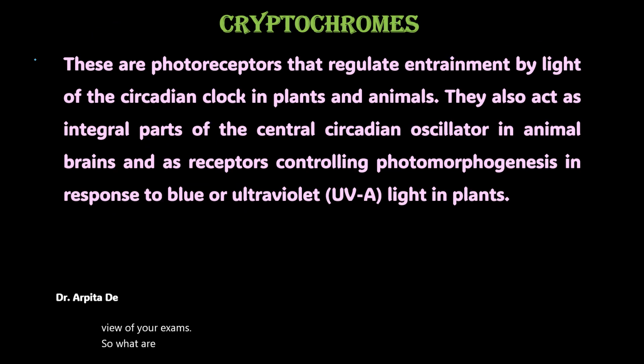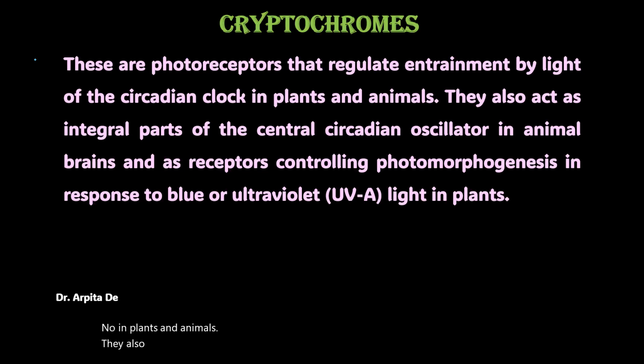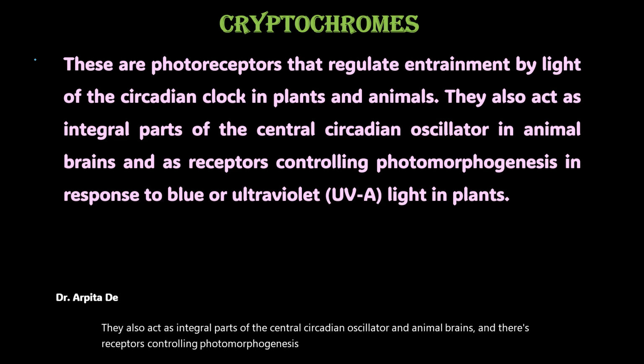These are photoreceptors that regulate entrainment by light of the circadian clock in plants and animals. They also act as integral parts of the central circadian oscillator in animal brains and as receptors controlling photomorphogenesis in response to blue or ultraviolet light in plants.